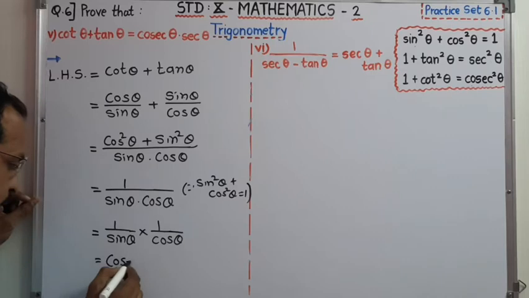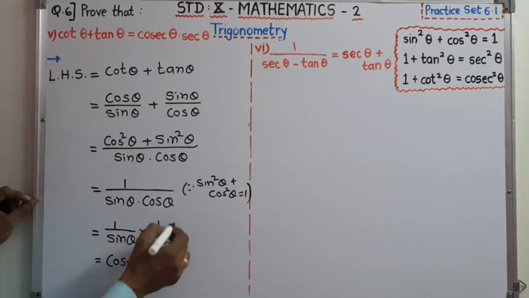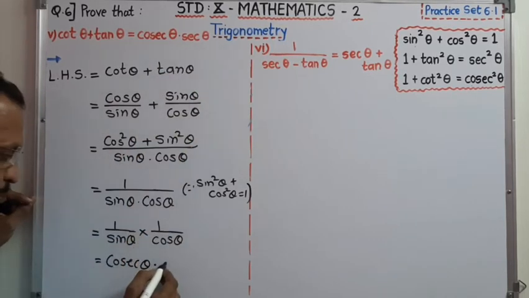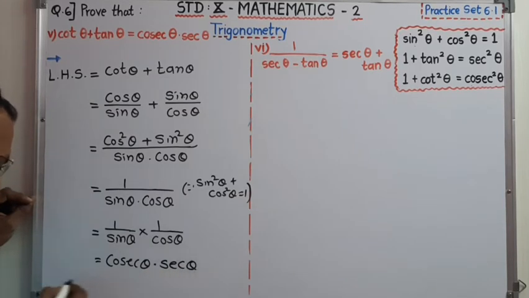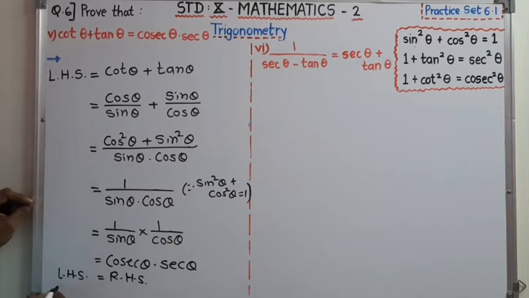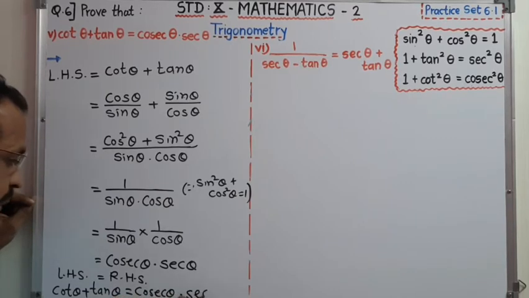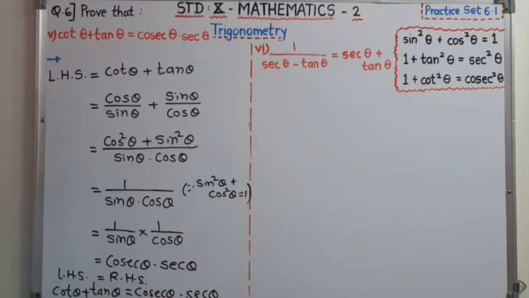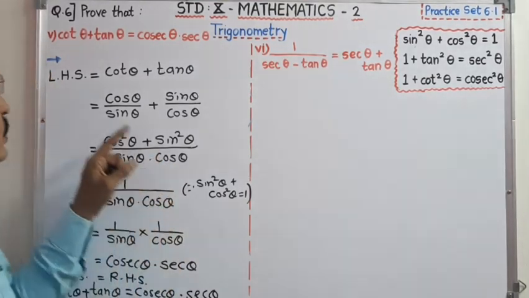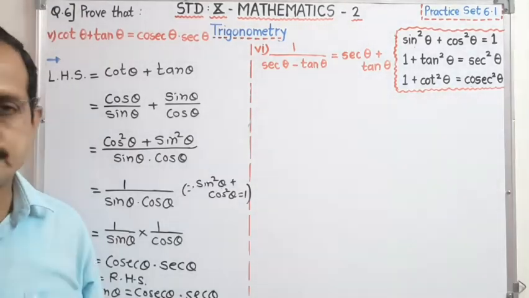Therefore we can write here cosec theta into 1 upon cos theta. 1 upon cos theta means sec theta. Therefore we write here left hand side is equal to right hand side, and therefore final answer cot theta plus tan theta is equal to cosec theta into sec theta. This is, dear student, the question number 5.